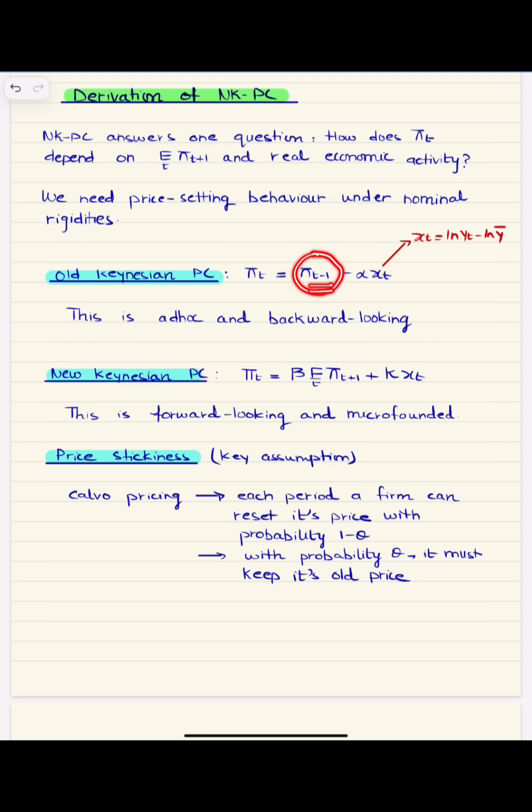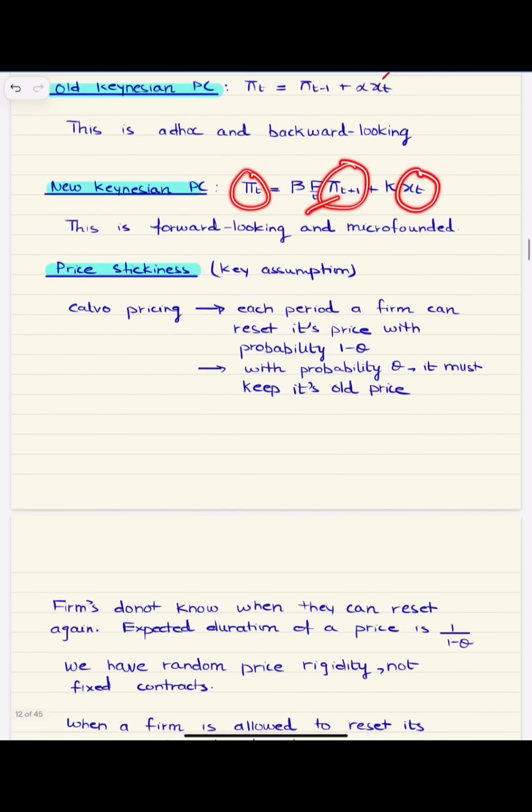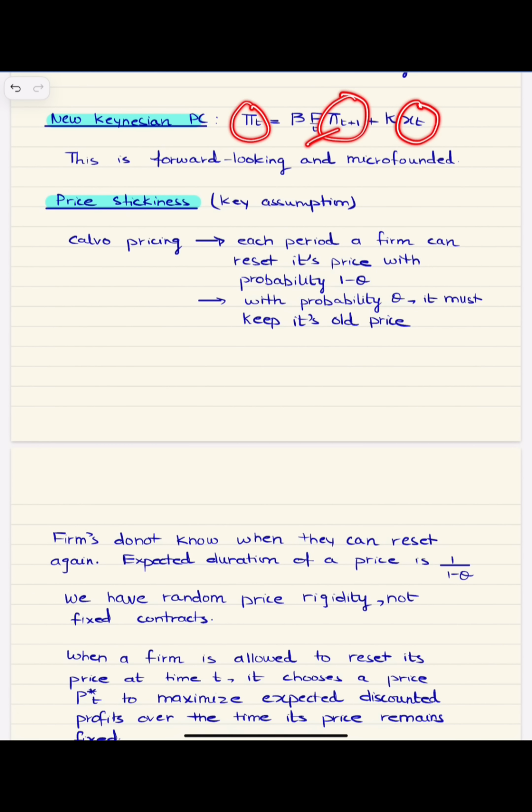The new Keynesian Phillips curve is forward looking and micro founded. It again has the deviation of output from its long run levels, but now current inflation depends on future inflation, your expectations about it. The key assumption is that prices are sticky. In each period, a firm can reset its price with probability 1 minus theta, and with probability theta it must keep its old price.